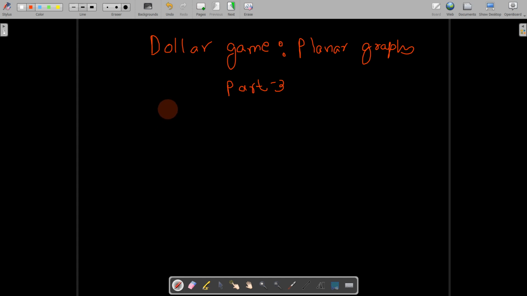So you will have a network or a graph where the nodes would be the players, and the value of the nodes would be of three types.